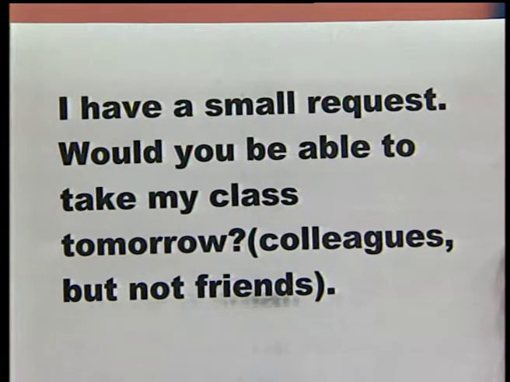Would you be able to take my class tomorrow? Now look at the difference between the two. In one case we say, hey, can you take my class today? And in the other we say, I have a small request. Would you be able to take my class? The request is the same. The choice of language is different.